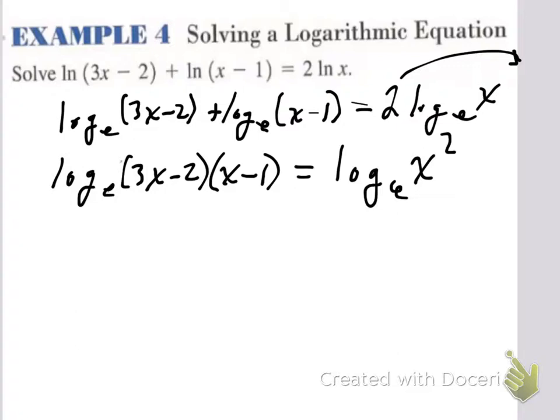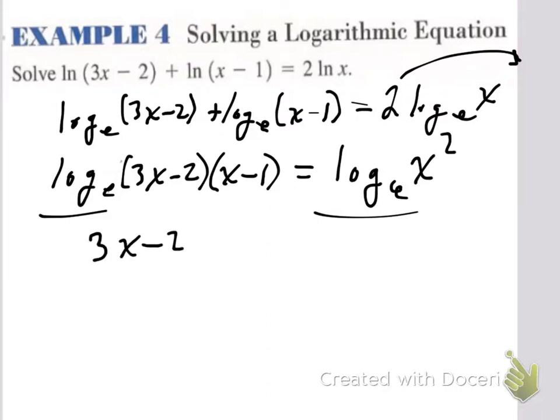Now remember, we're changing our domain here. Since we've moved this 2 into the exponent of x, we can expect to probably have an extraneous solution in this problem. So both sides, log base e of something equals log base e of something. Set those somethings equal to each other.